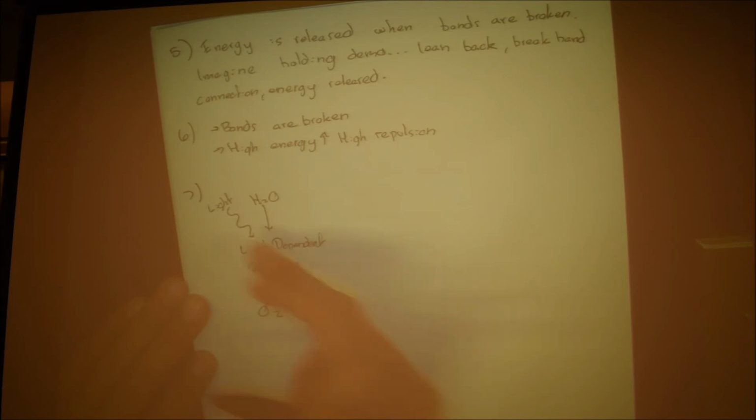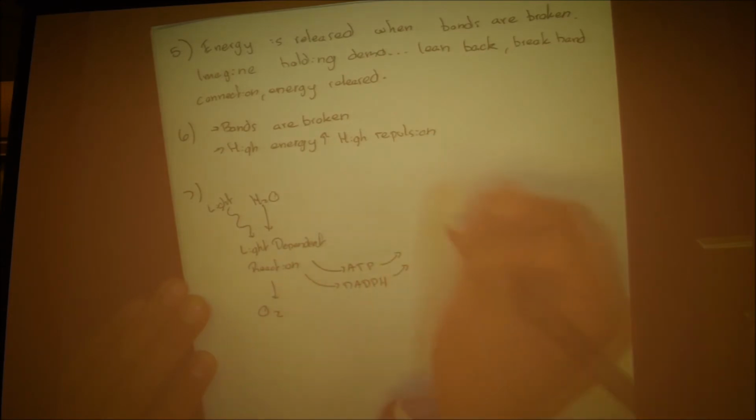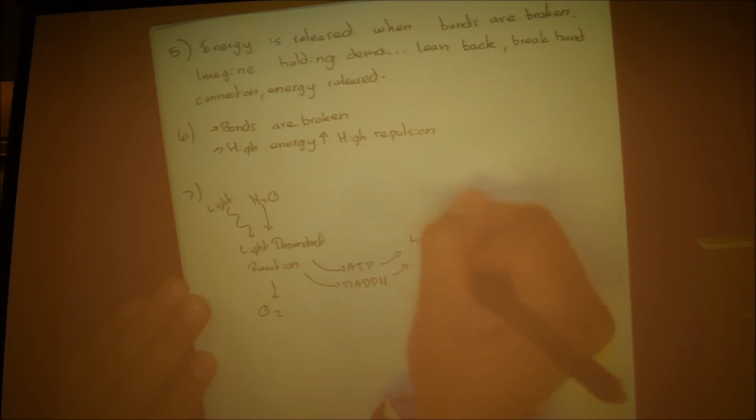And when we take in that energy, we're taking in light, and what we're doing is creating high energy compounds, including ATP and NADPH. You just need to know that those are a thing, right? And then they're going to go over to the light independent reaction. And you know that because no light is coming in, right?